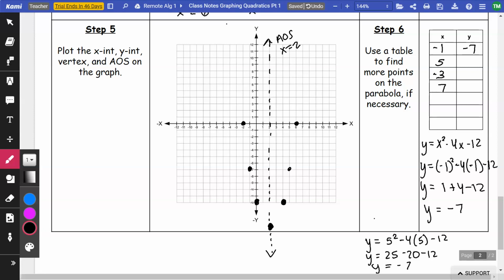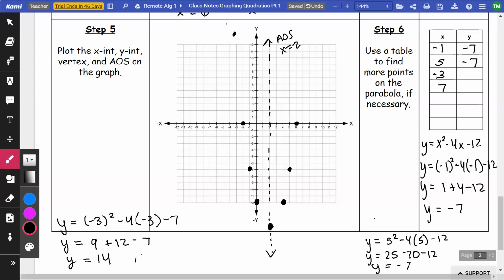So (5, -7). And then just for fun, we're going to plug in negative 3. y equals negative 3 squared minus 4 times negative 3 minus 12. So y is equal to 9 plus 12 minus 12... y is equal to 21 minus 7, which would be 14.